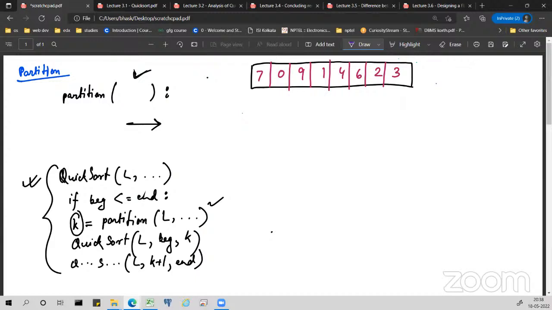So suppose this is the initial state of the list or array that we are considering, and I would have two pointers. Pointers means two variables or two markers. One would point over here, other would point at the -1th index. I equal to -1, j equal to 0. So j is equal to 0, I is equal to -1.